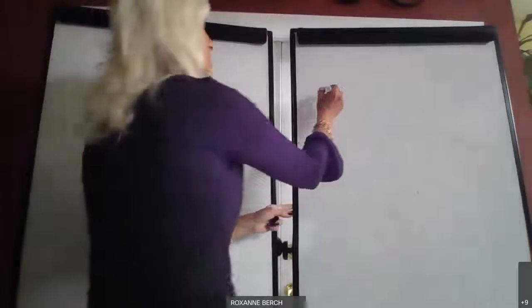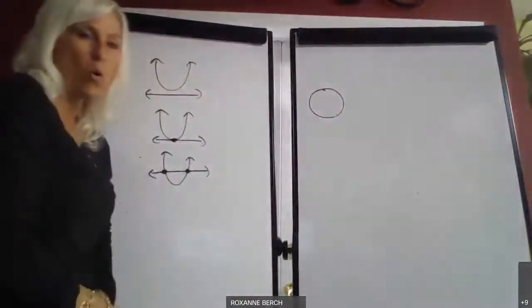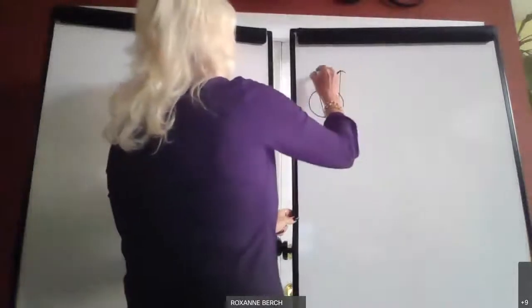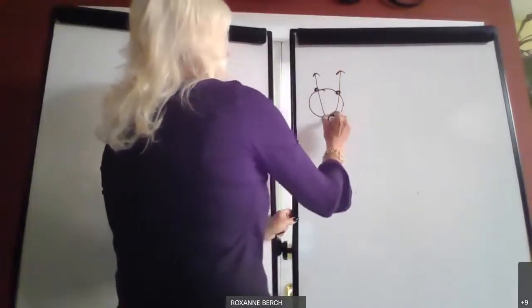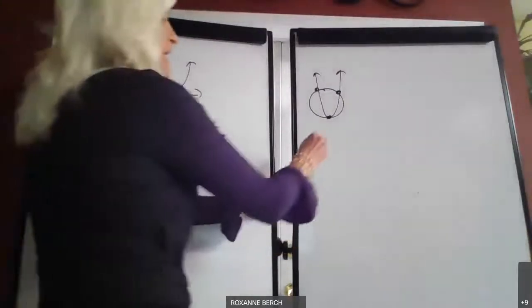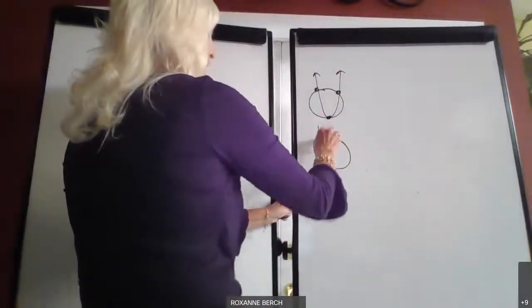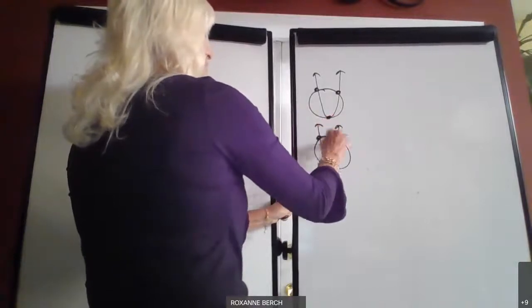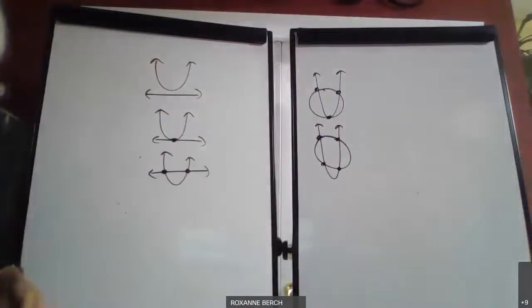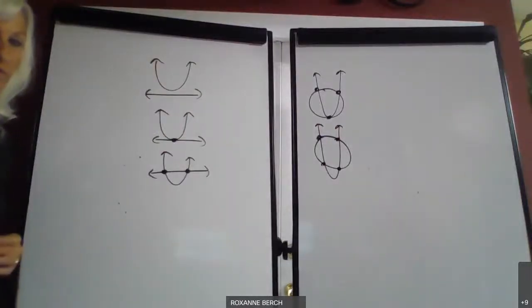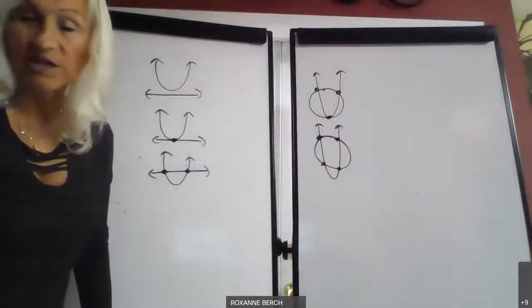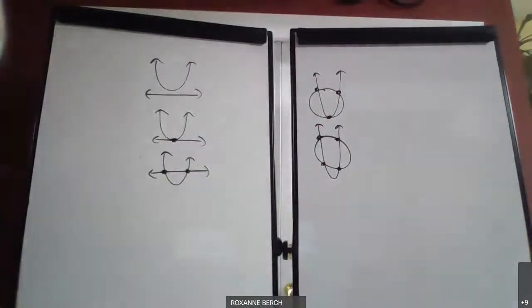You could have a circle and a quadratic. So if you had a circle and a quadratic, you could have 3 solutions. If you had a circle and a quadratic, you could have 4 solutions. And the more the solutions, the harder the problem is. So we may not get into that, but we are going to look at nonlinear systems.